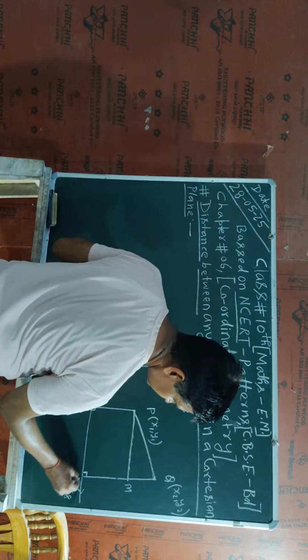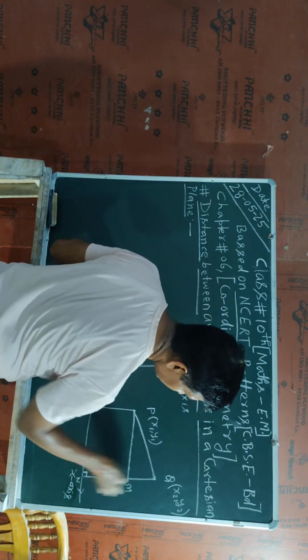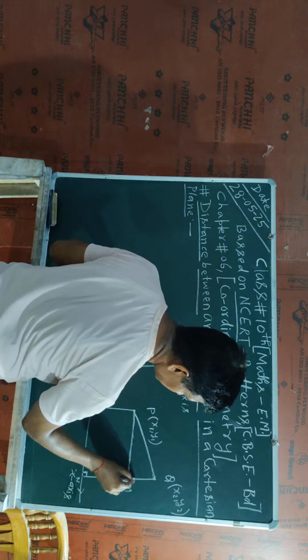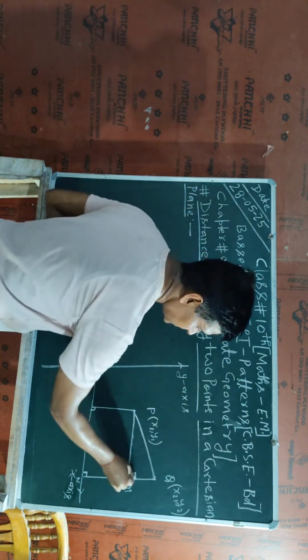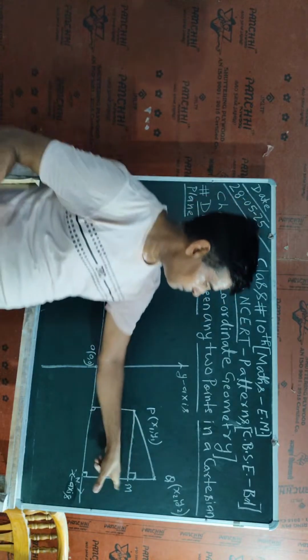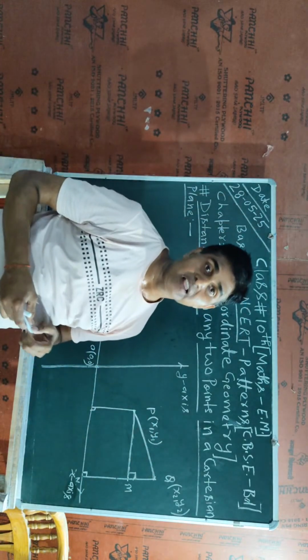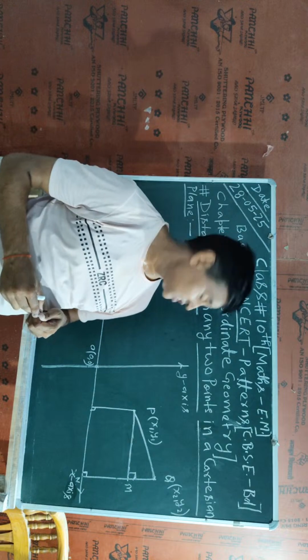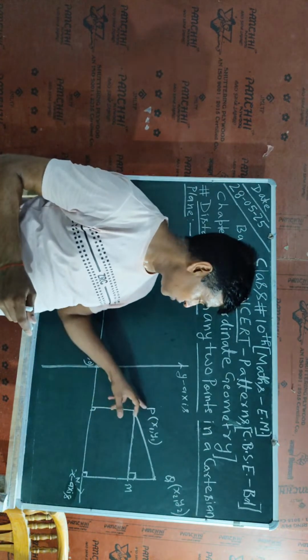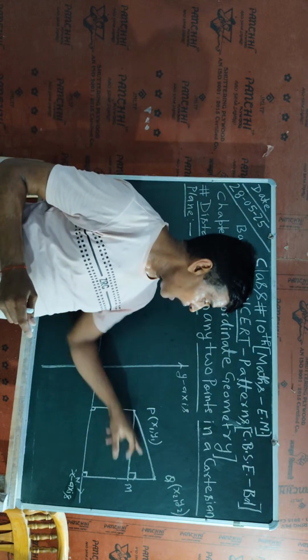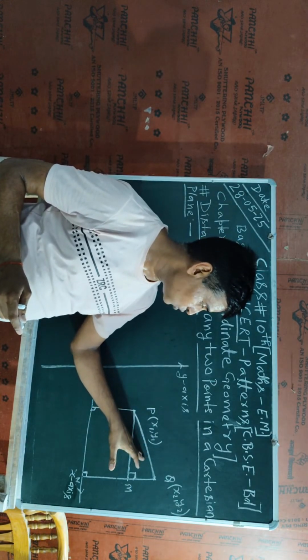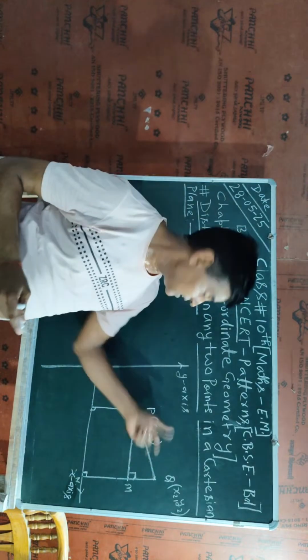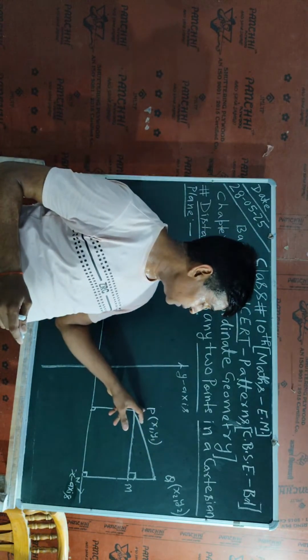Here I am saying this is M. So line QM is perpendicular also. According to the figure, PMQ is a right angle triangle, and the Pythagorean theorem is always applied in a right angle triangle. So here I will apply the Pythagoras theorem, and I will get the distance between P and Q.